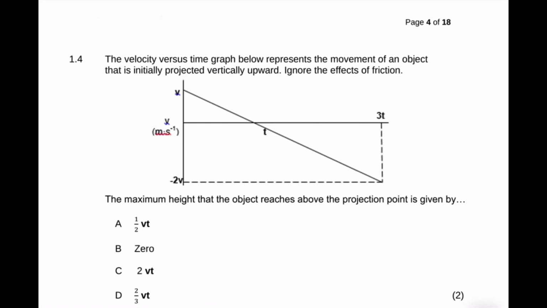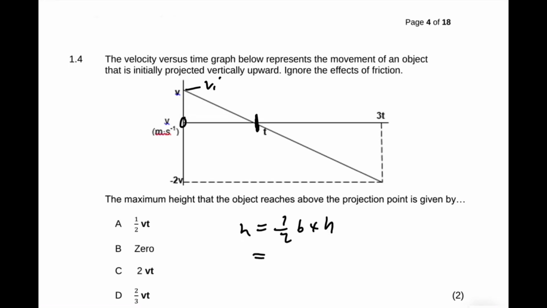So this is our Vi, right? And our V final is 0, obviously, at maximum height, and the time there is time t. So if you want to find the maximum height, you calculate the area of the VT graph, right, all the time.